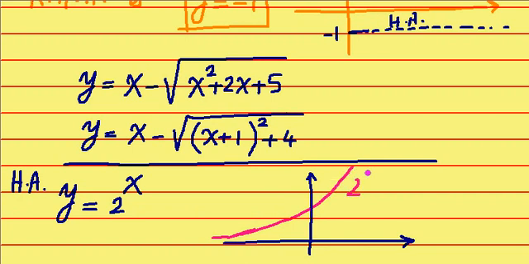So this is 2 to the x. This is the horizontal asymptote of it. Here is on the left. So it has a left horizontal asymptote. What's the equation of horizontal asymptote? Which is y equal to 0. We are simply saying that this purple line comes close to the green one.